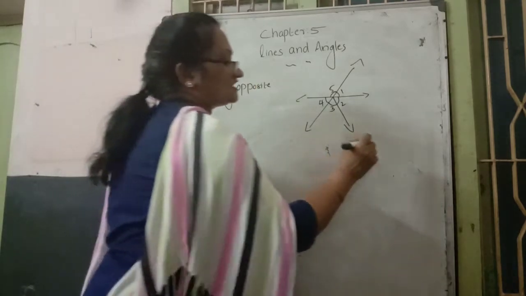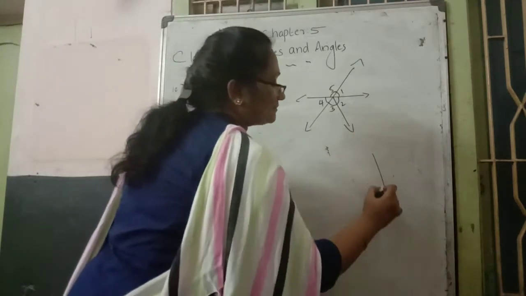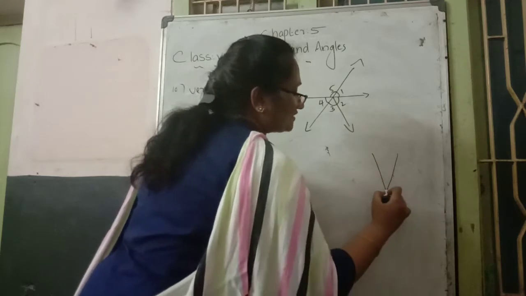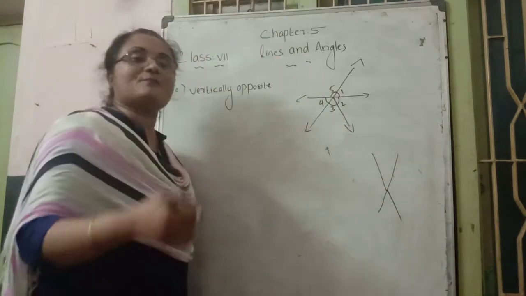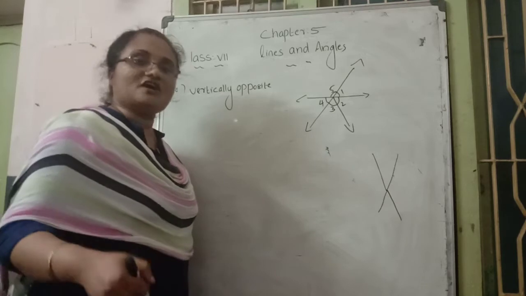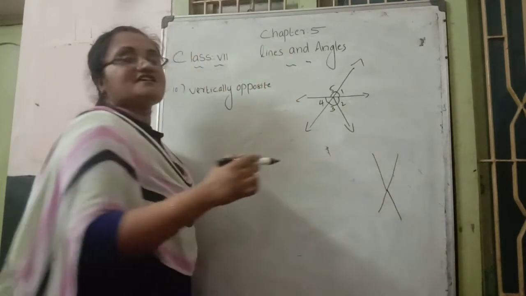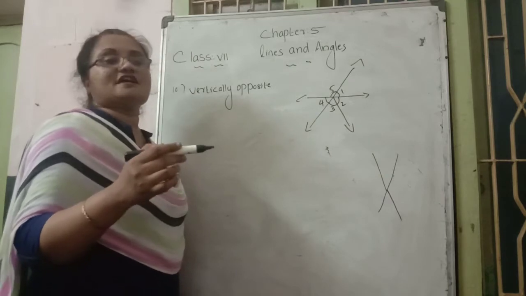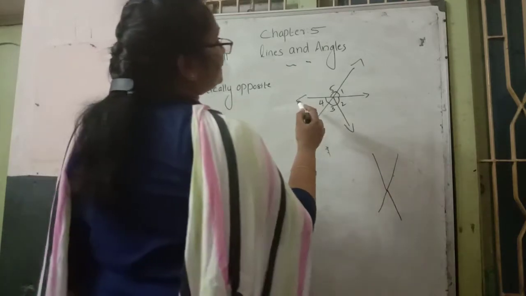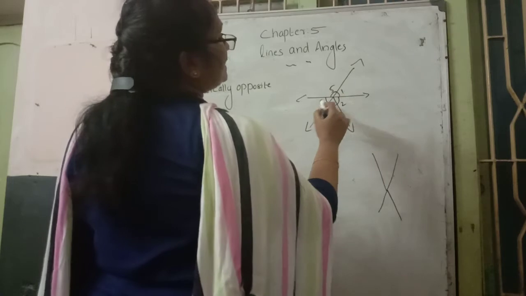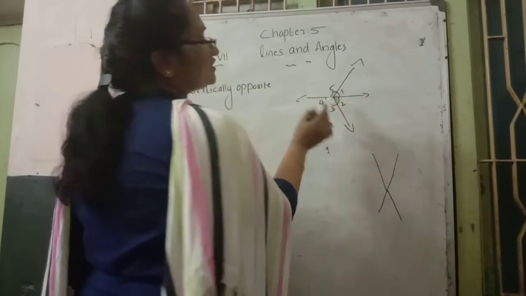Vertically opposite means, as we learned last class, representing a V shape. One is on top, and the opposite one comes downwards; or one is on the right side and the second one is on the left side, like that. See here, 4 and 1 are vertically opposite, but 5 and 2 are not vertical.